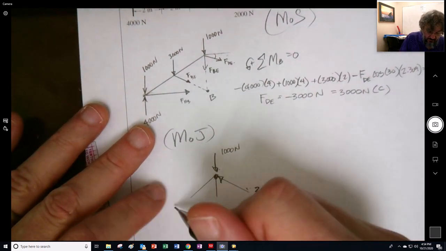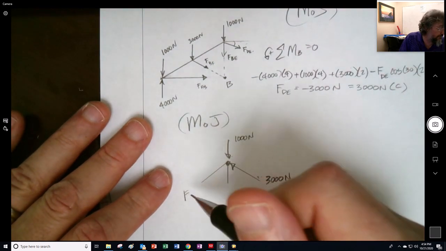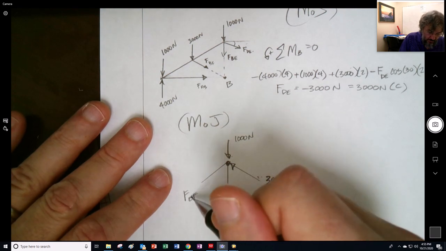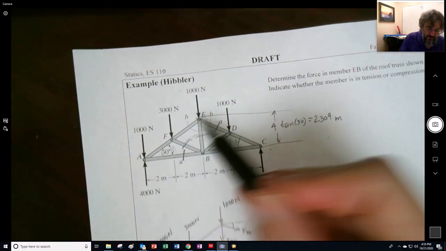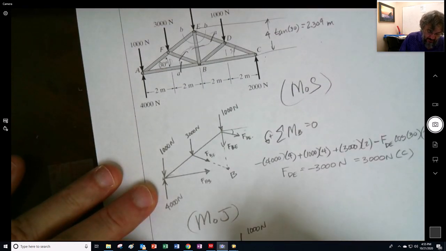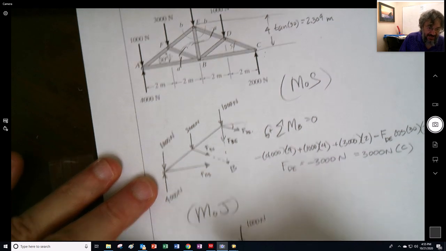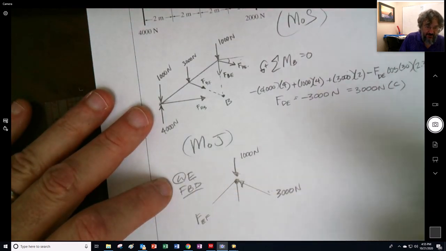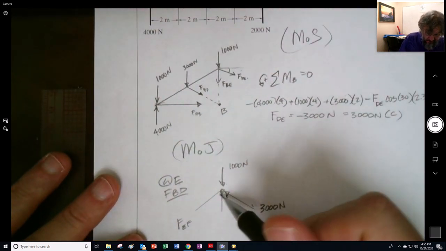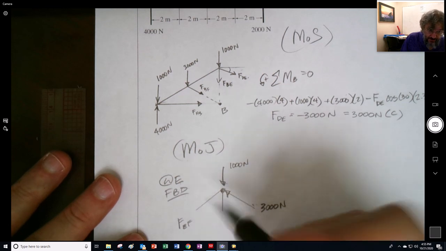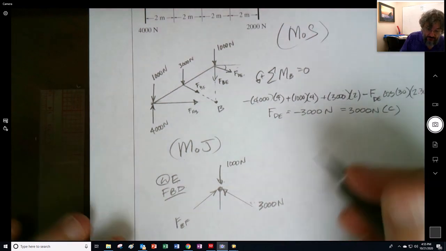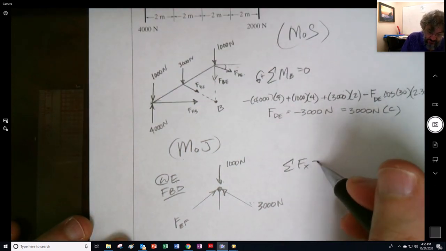Over here for EF, it's FEF, between here and here. This is the FBD at E, which would be better than E FBD. Kind of rhymes though, so that's nice. Balancing in the X direction, the sum of the forces in the X direction equals 0.